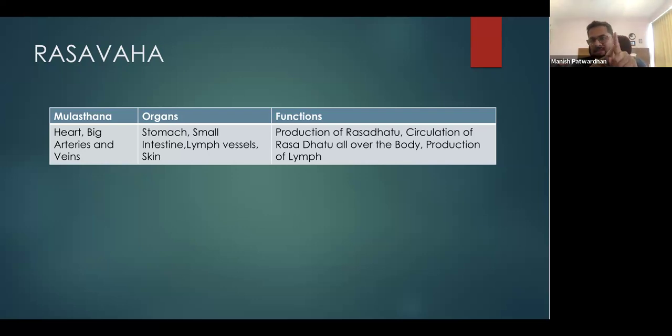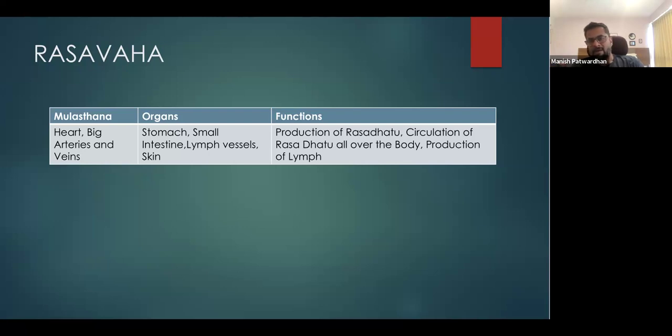And the ahara rasa will be acted upon by the rasa dhatu agni here in this channel in the heart. Rasa dhatu will be formed, secondary tissues will be formed, waste products will be formed, and a fourth part will also be formed, which is the part which is going to be passed on to the rakta dhatu.